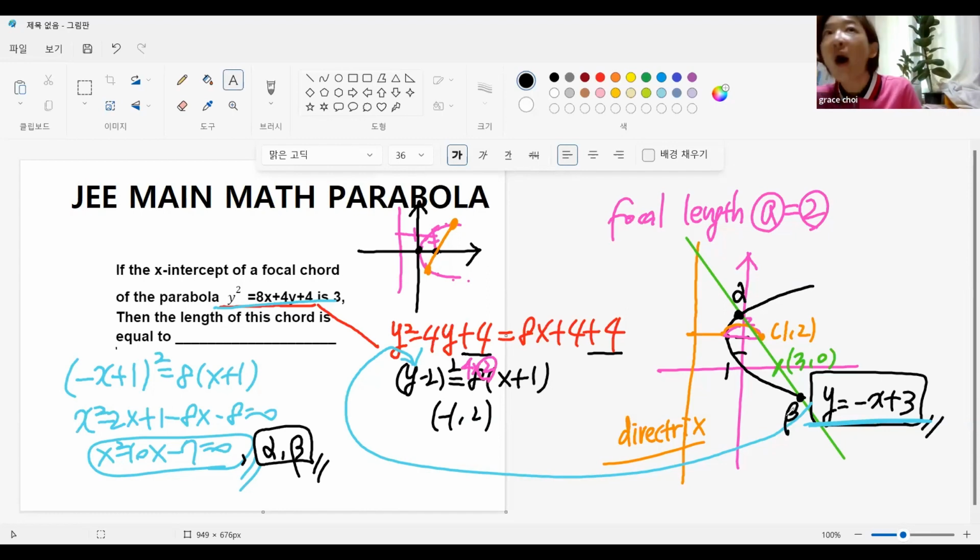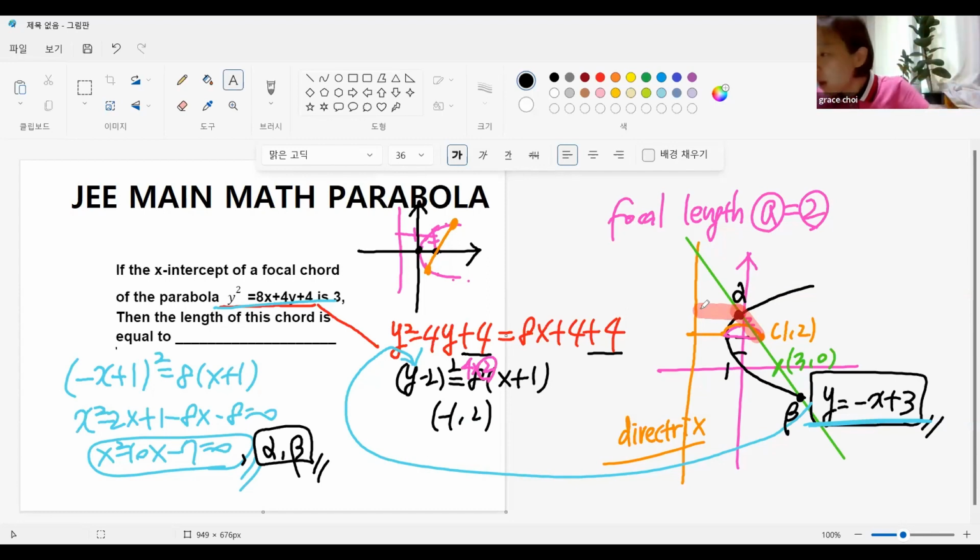Remind yourself of the definition of parabola. The distance from one extremity, the alpha point, to the focus is equal to the distance from that extremity to the directrix.